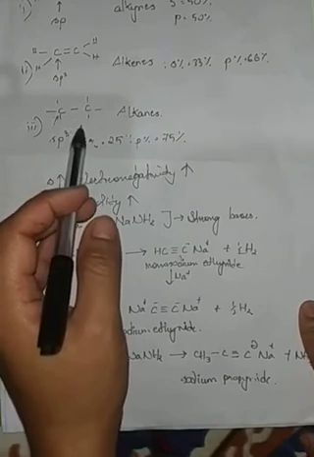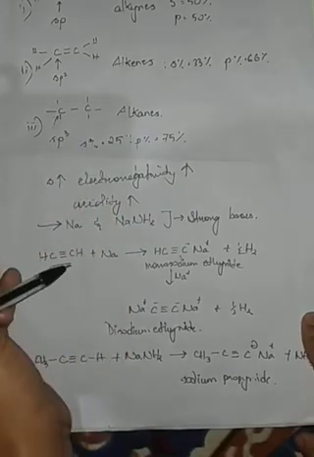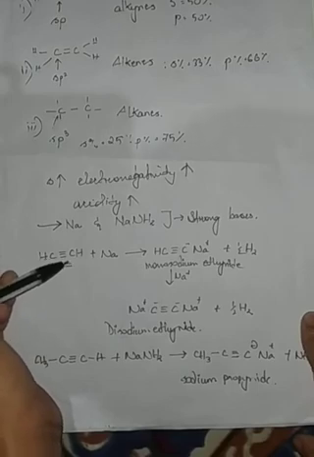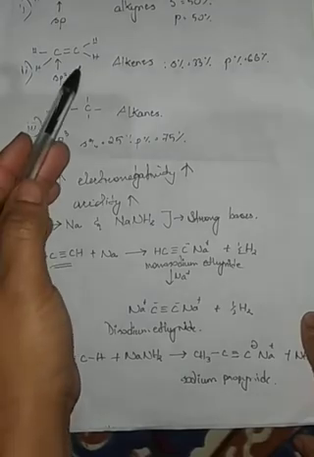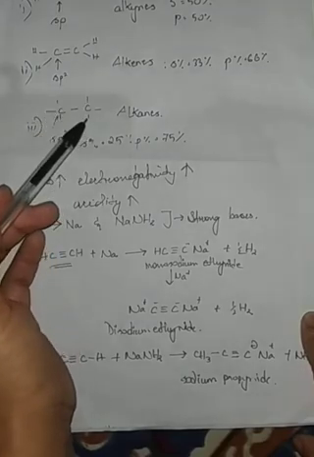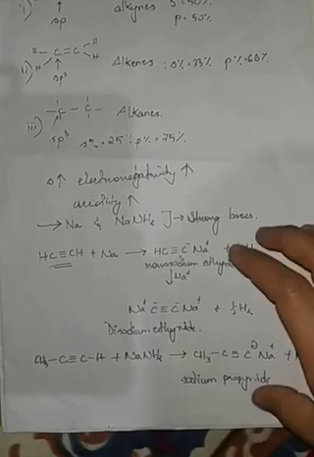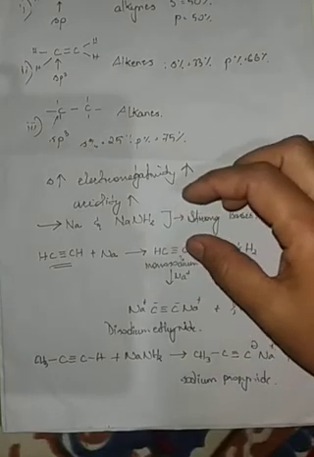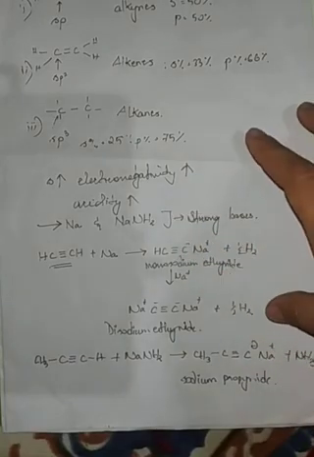Therefore, this also indicates that ethyne is acidic in nature in comparison to alkenes and alkanes. Hence, the reaction with sodium and sodamide is also used for distinguishing between the three hydrocarbons.